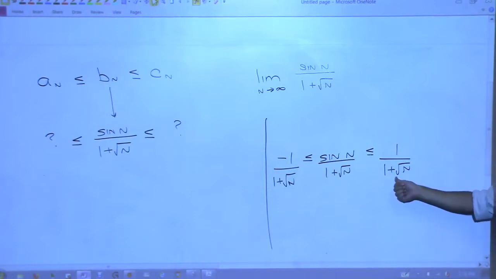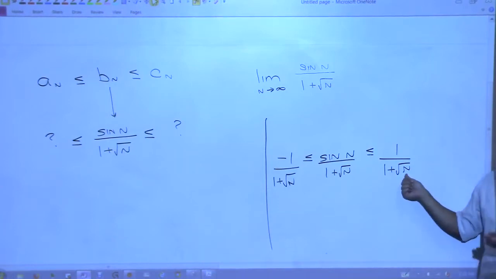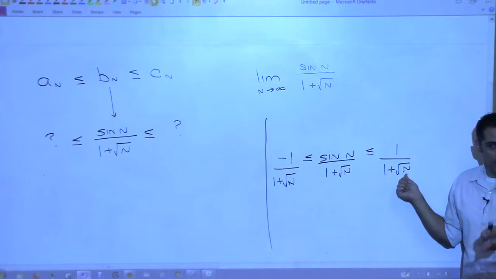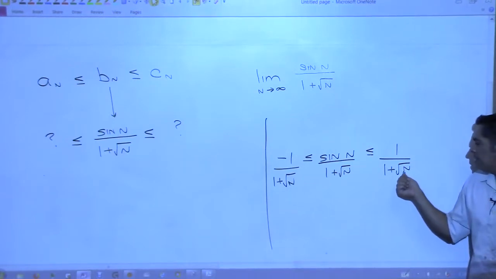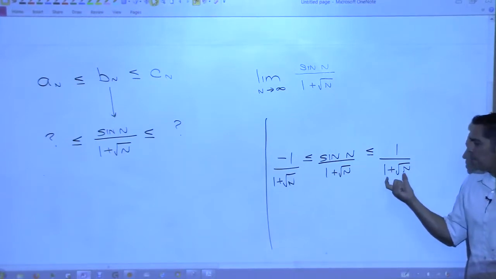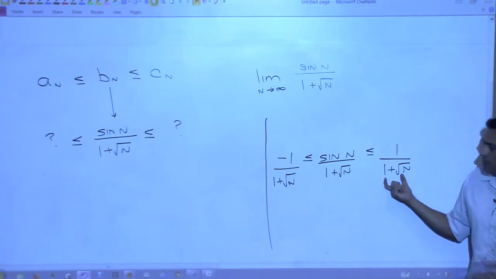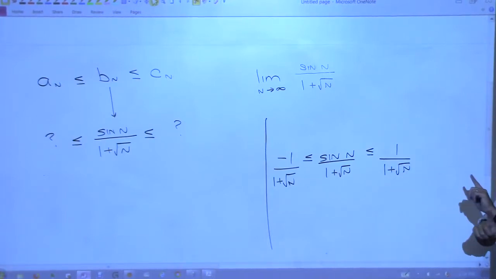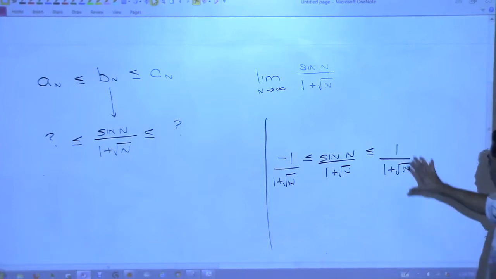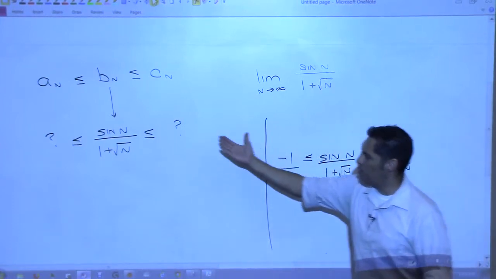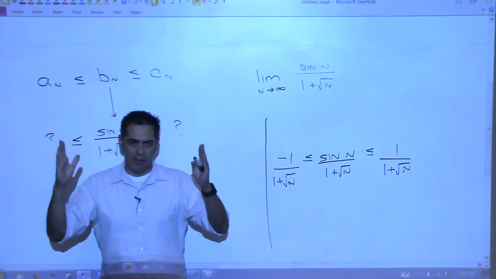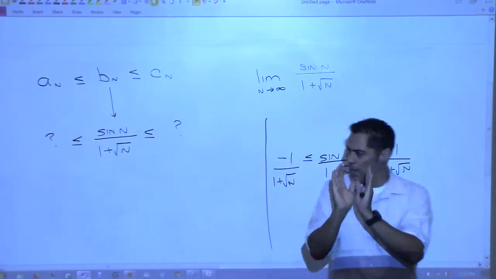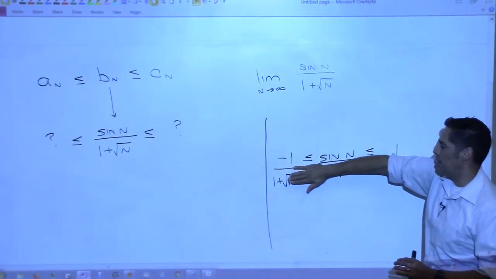These have to be positive numbers. Remember n starts at 1, then 2, 3, 4, so that's always positive. I'm adding 1 to it, so that is positive guaranteed. Dividing by that number doesn't flip my inequalities. So do you see that I have almost naturally created the two sequences I was looking for, just by looking at the original statement about sine of n?